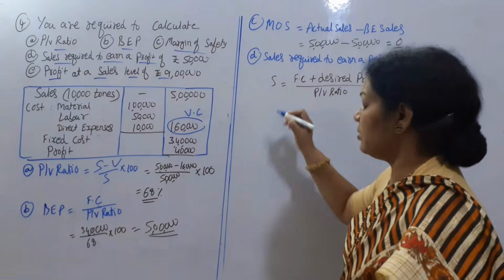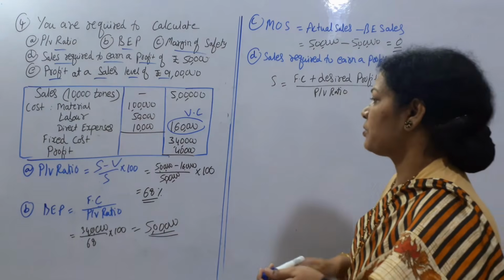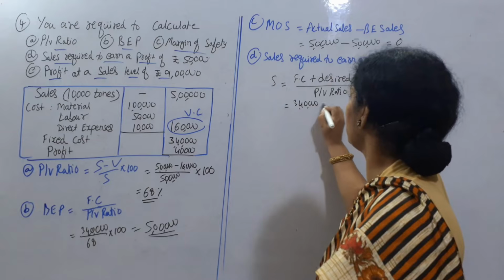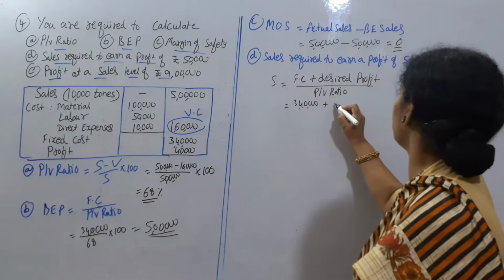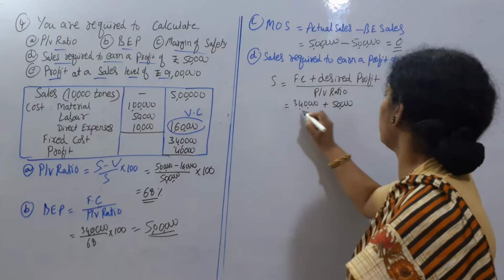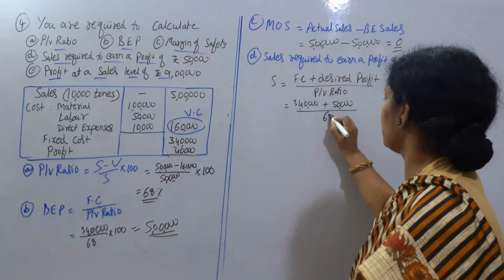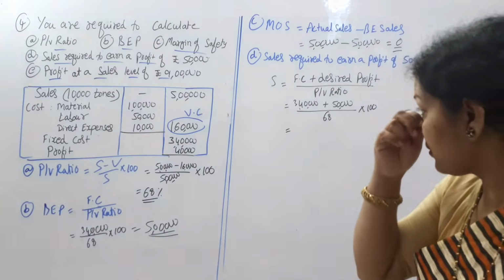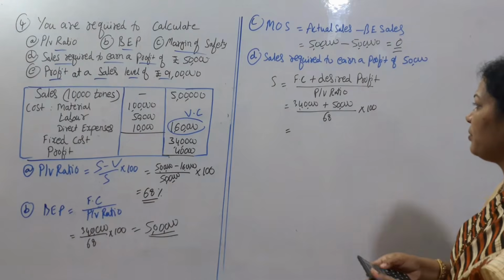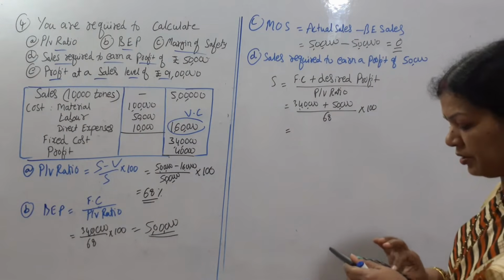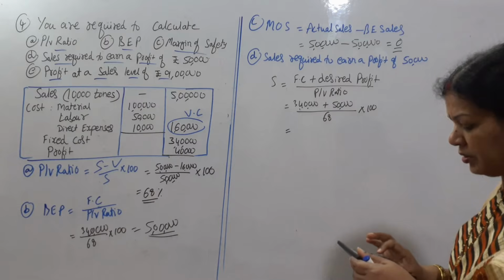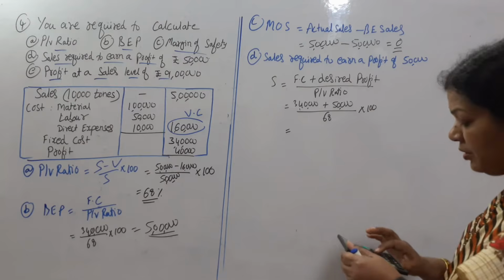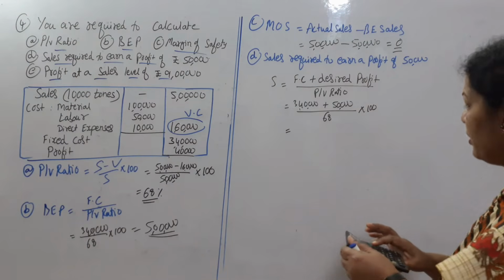Fixed cost is 3,40,000. To earn a profit of 50,000, by PV ratio 68 into 100. If you do the calculations, 3,40,000 plus 50,000, it is 3,90,000, into 100 divided by 68.